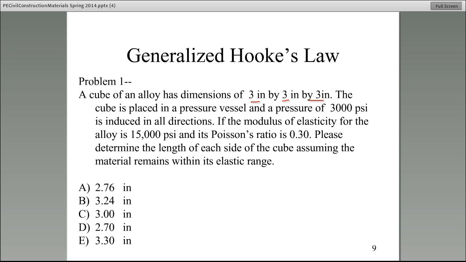So we have a cube, 3 dimensions. The cube is placed in a pressure vessel. This is a key term here. You need to train yourself to pick up these key terms. All right, so that's a pressure vessel. That means all sides are in compression.